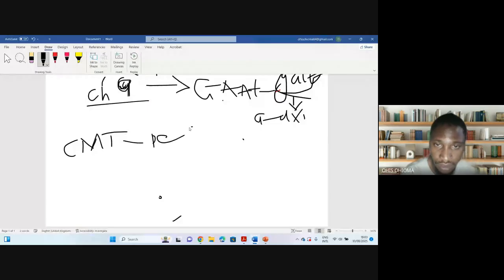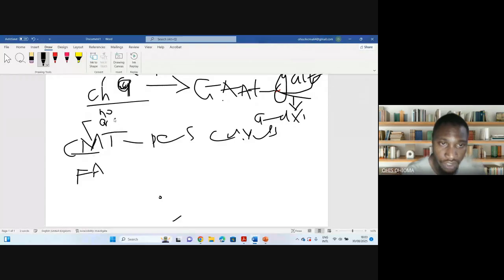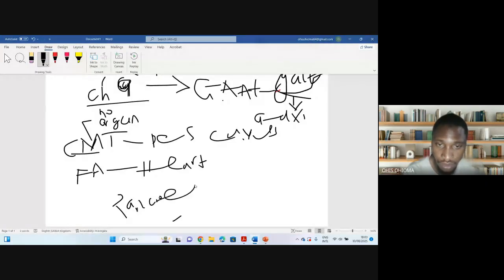I told you that the way you differentiate CMT from Friedreich's ataxia is that CMT does not have any organ involvement. But in Friedreich's ataxia, the patient has heart involvement and pancreas involvement, so they tend to have diabetes mellitus and hypertrophic cardiomyopathy.